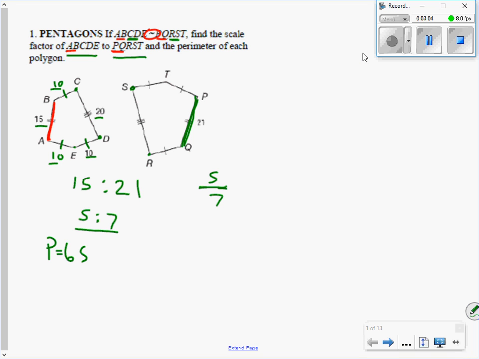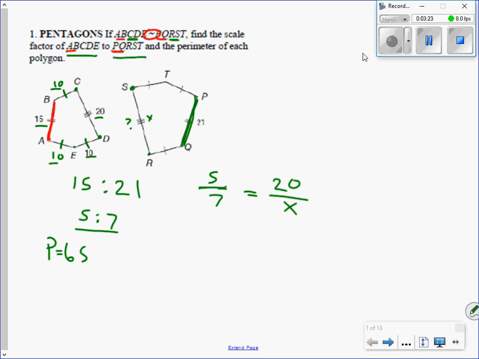If it's a scale factor of 5 to 7, this one 5, this one 7, we know that that side on the first pentagon is 20. We're missing SR. Let's call it X. So we have something to put there.